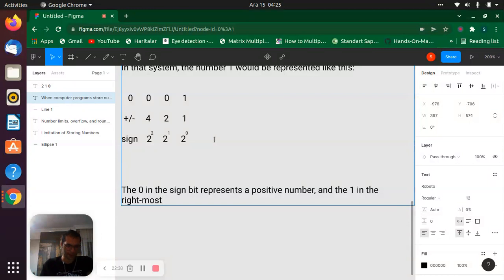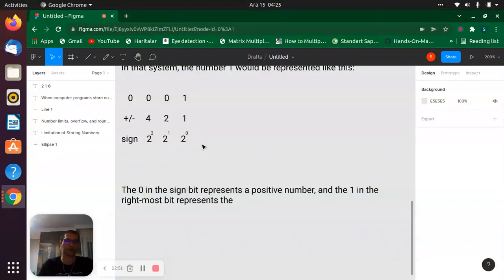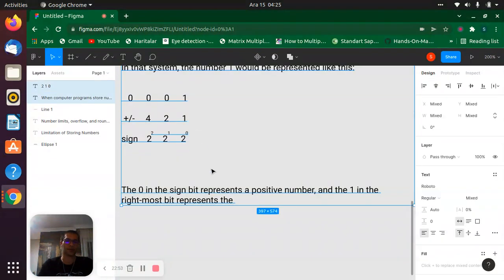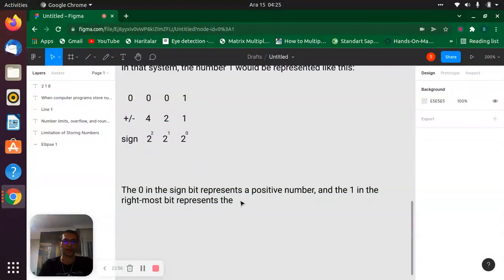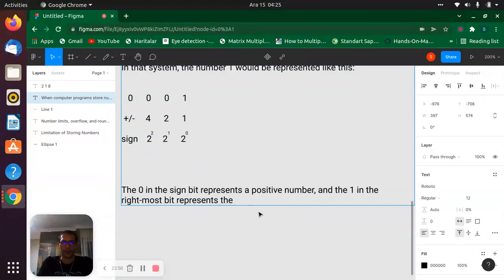The rightmost bit represents 0 power of 2, and it will be 1, you know already.